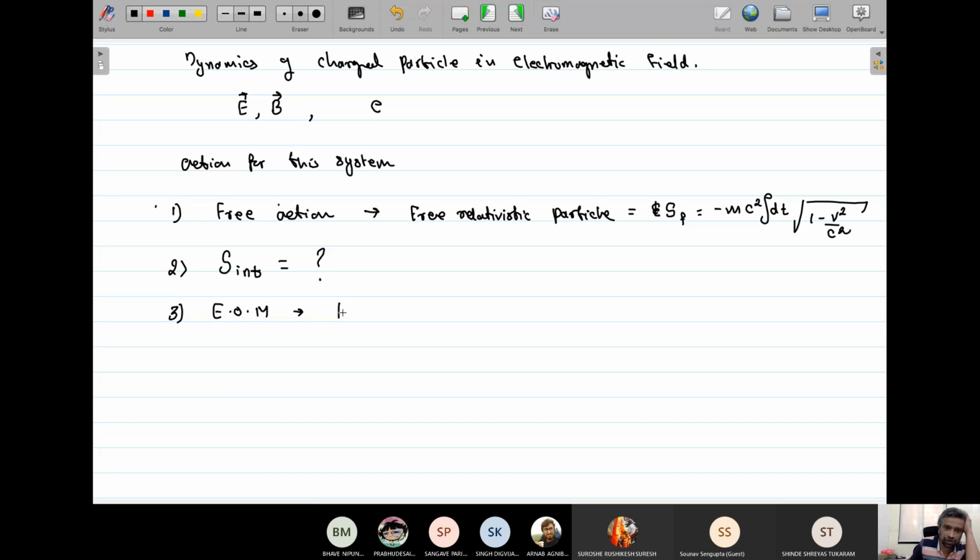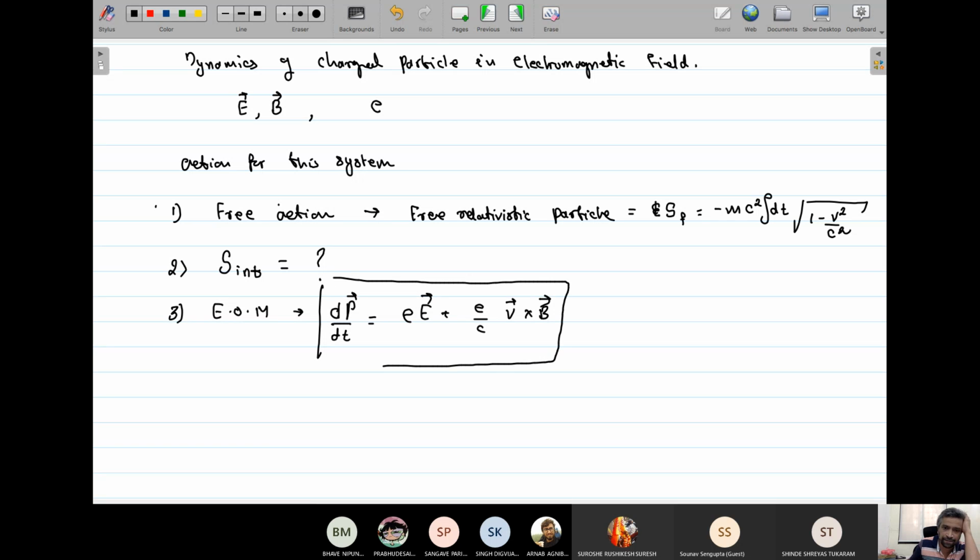So the equation of motion should reproduce dp/dt equals e times the electric field vector E, plus e/c v cross B. I must get this as the equation of motion.